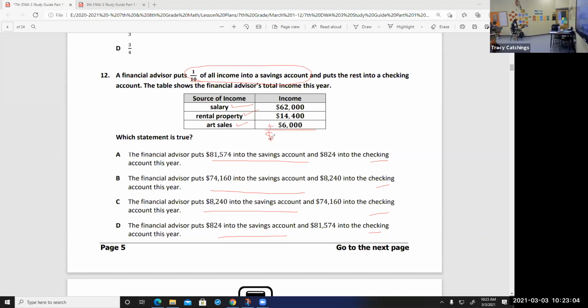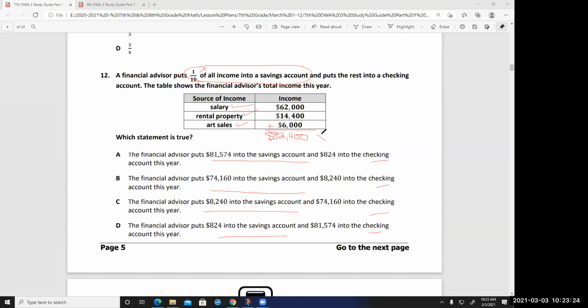Huh? All right, I hear 82,400. All right, they said we're putting 1/10 in a savings account. What are we doing now? All right, we need to multiply. So we're going to take that and multiply by 1/10.